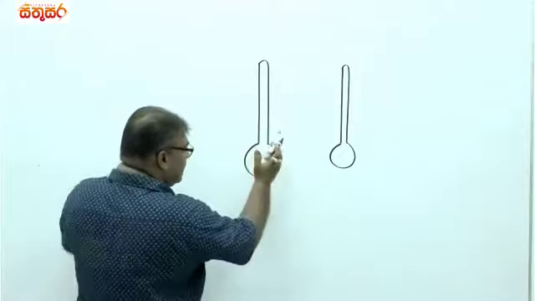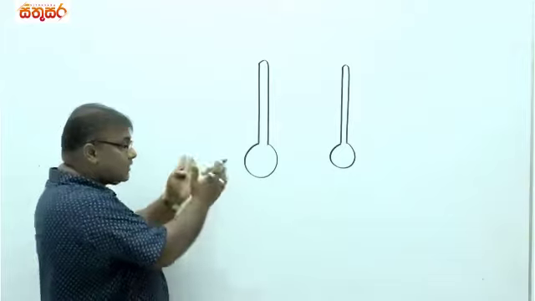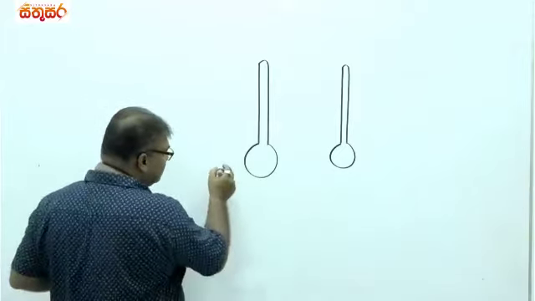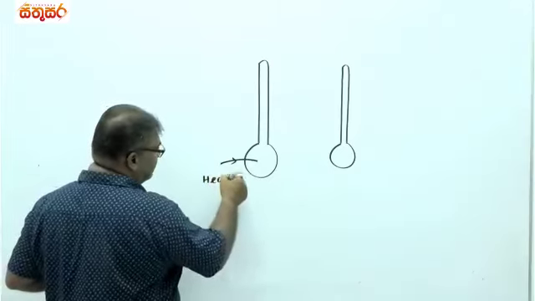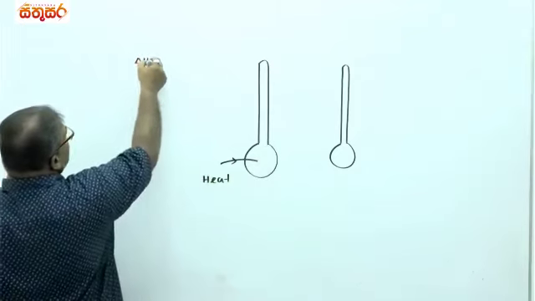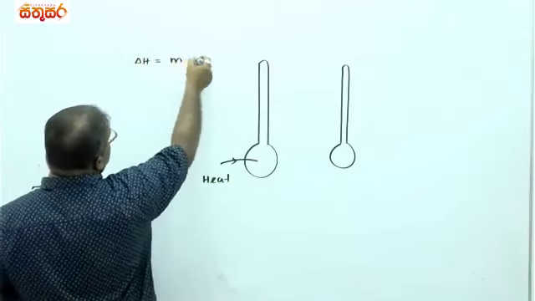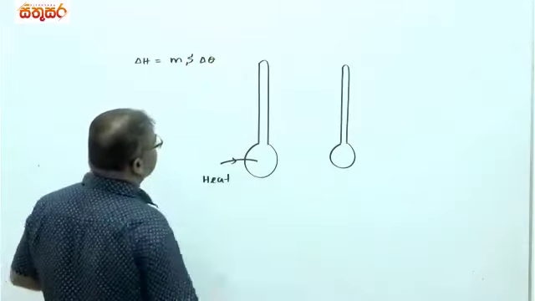Today, when this one is exposed to a certain surrounding with high temperature, heat is absorbed, right? This is the amount of heat absorbed by this thermometer. For heat absorption, we can write m, specific heat capacity, into temperature difference.